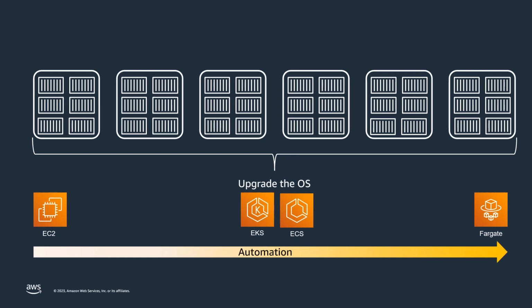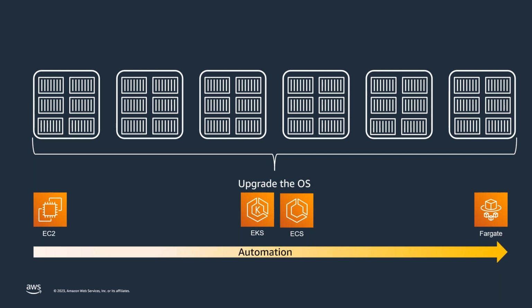If you're running everything on a cluster of self-managed EC2 instances, then you can use Systems Manager to upgrade the operating system for you. If your instances are part of an auto-scaling group, then you can update the underlying AMI and use auto-scaling to replace those instances.